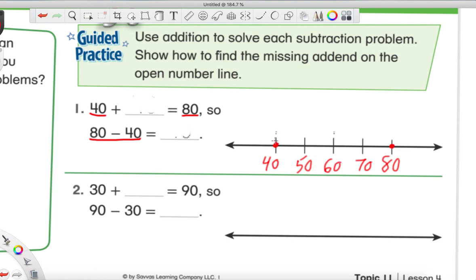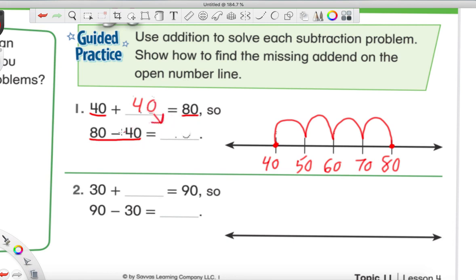Now, we can count them by 10 in case that's easier for some friends. So let's count by tens until we reach the next red dot. So 10, 20, 30, 40. So now we know that 40 plus 40 equals 80. And that also is our answer for this subtraction sentence.